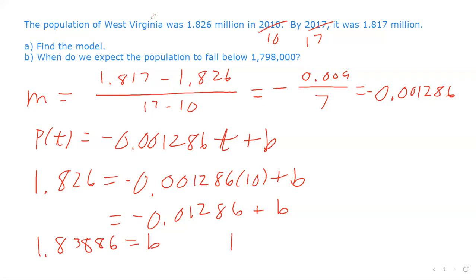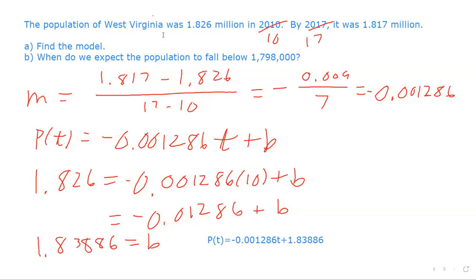So our final equation is P of T equals our negative, and I'm going to delete this real quick, just because it'll be neater and a bit faster. Our final equation, if I type it, is P(t) = -0.001286t + 1.83886.